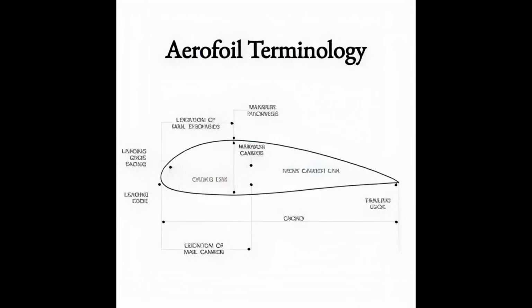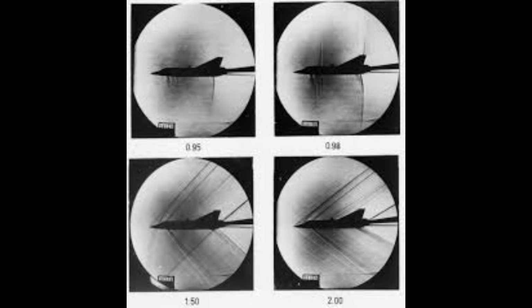Jones realized that the key variable was not aircraft speed alone, but the component of airflow perpendicular to the wing's leading edge. If that perpendicular component could be reduced, the wing would behave as though it were flying slower, without actually reducing aircraft speed. The solution was geometric, rather than mechanical. By sweeping the wing backward, the effective airflow normal to the leading edge decreased.